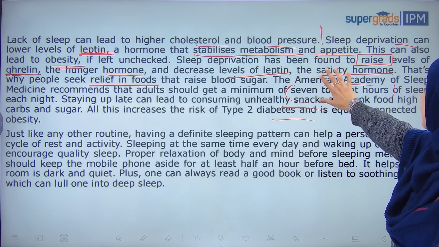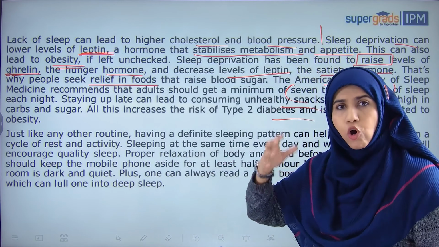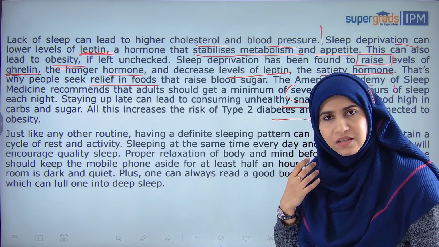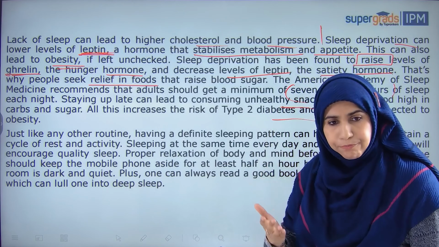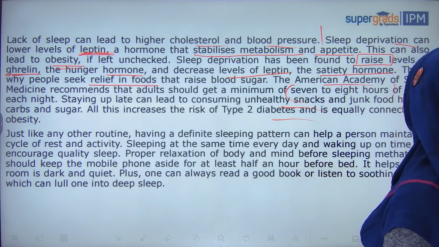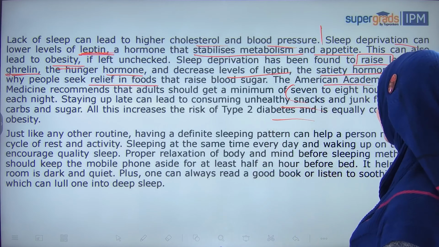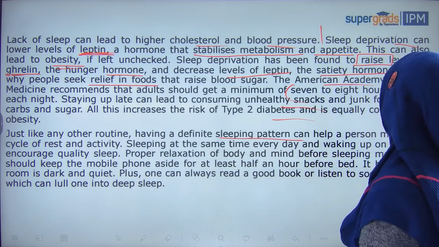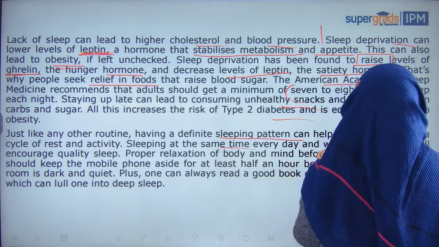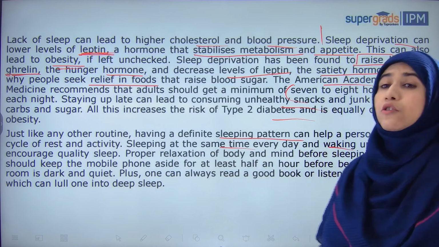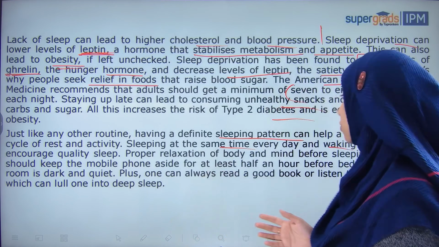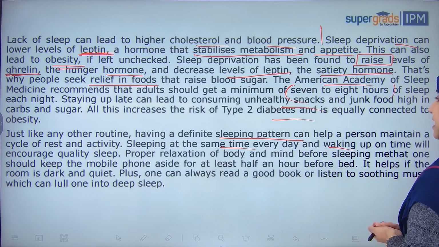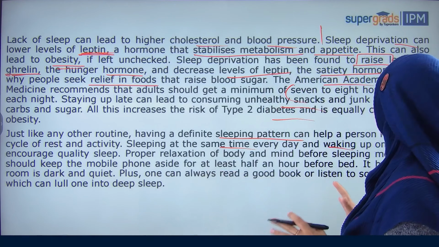Here it gave you some details about hormones, what exactly happens inside our body when we don't sleep properly. Finally, it's in a way advising you to have a definite sleep pattern. When you sleep and wake up at the same time, you will have quality sleep. Apart from that, it's important that your body is relaxed enough.